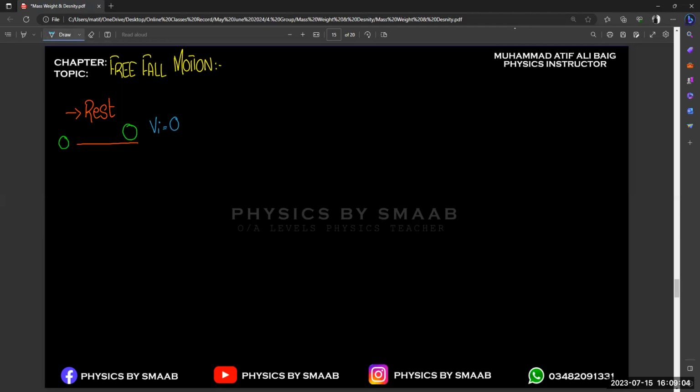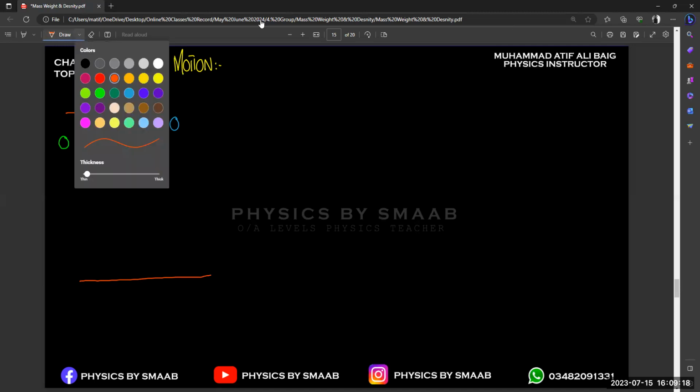And when this ball starts moving towards the ground, before hitting the ground, there will be some changes in the velocity and acceleration of the object, right? Let's suppose we start moving from the initial stage.